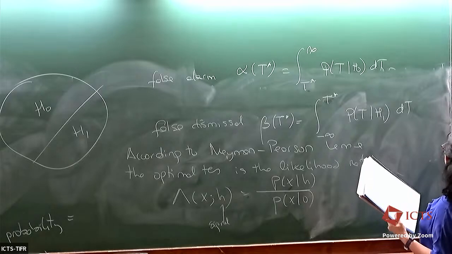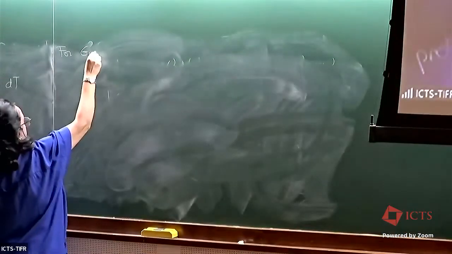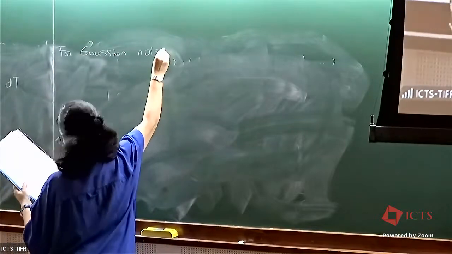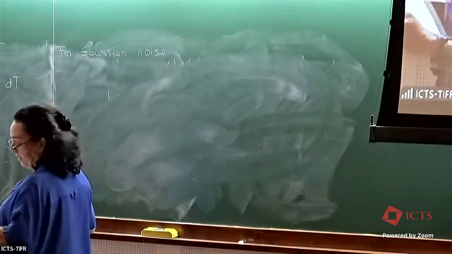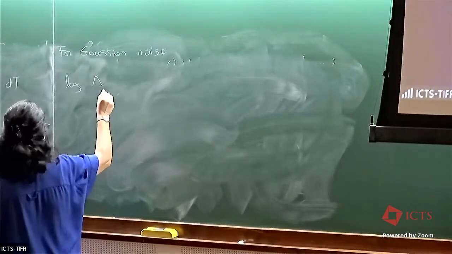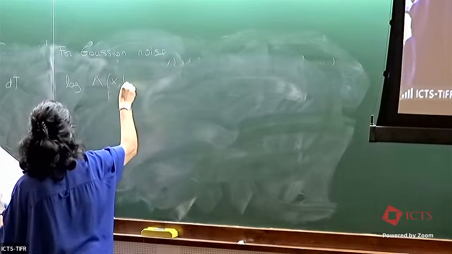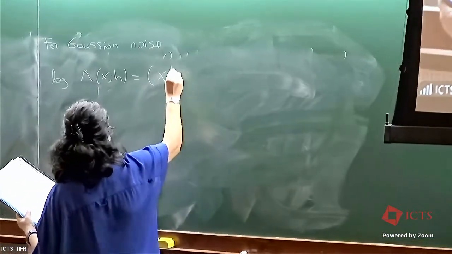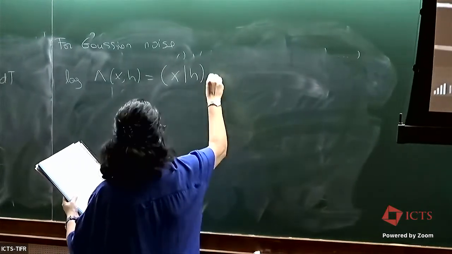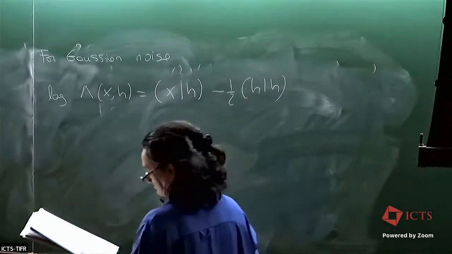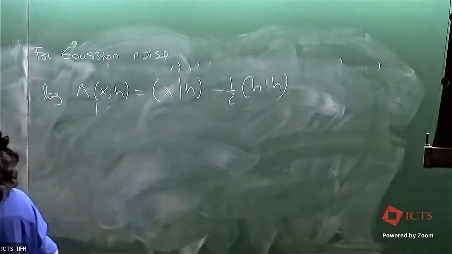In the case of Gaussian noise, one can find that the log of the likelihood is the well-known matched filtering amplitude.